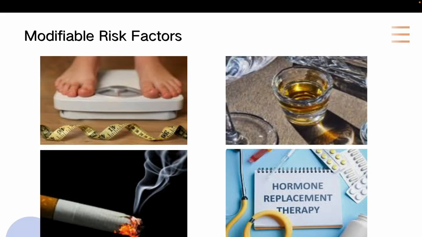Being overweight or obese, especially after menopause, increases the risk due to higher estrogen levels produced by fat tissue. There is evidence linking smoking to an increased risk of breast cancer, although the association is not as strong as with other cancers. Long-term use of combined HRT for menopausal symptoms has been linked to an increased risk of breast cancer.